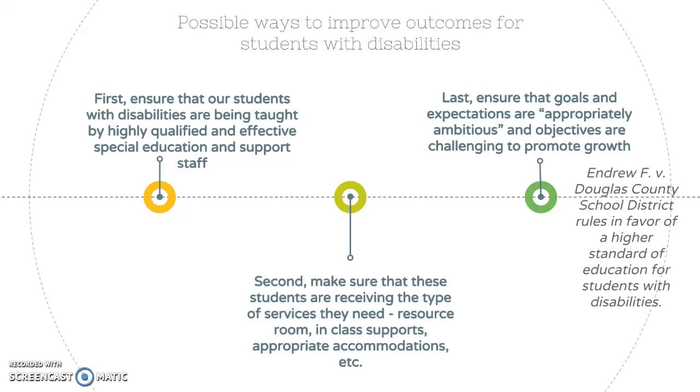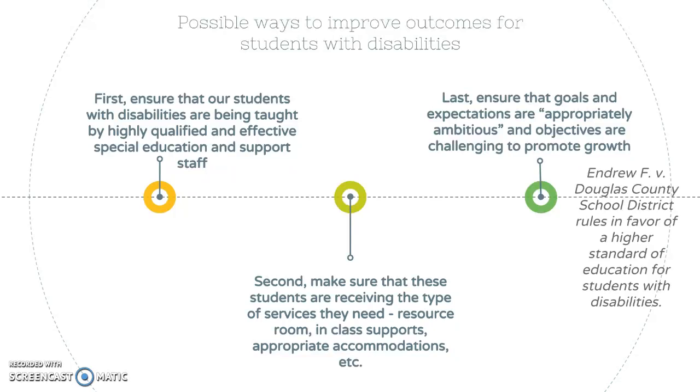Secondly, to make sure that these students are receiving the type of services that they need, whether it's more resource room time, more in-class time, or in-class time with supports, and appropriate accommodations, those types of things, in order to lastly ensure that their goals and expectations are appropriately ambitious and their objectives are challenging enough to promote growth.